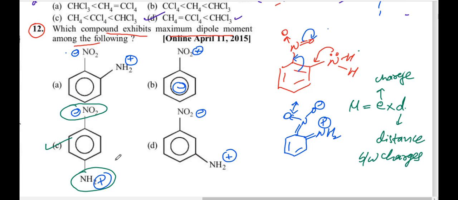Okay, the electron moves like this, and here the dipole moment is in the same direction, electron movement in the same direction, but here the electron movement is going like this. So here the direction is the same but the distance is less.